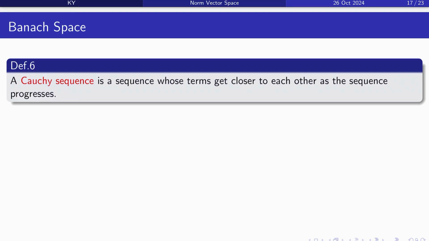Before we go on, to understand what a Banach space is, I should tell you what a Cauchy sequence is. A Cauchy sequence is one whose terms get closer to each other as the sequence progresses, right? For example, you can think of a sequence like 3, 3.1, 3.14, 3.141, and it approaches pi.